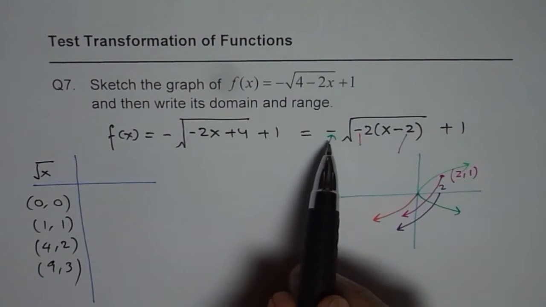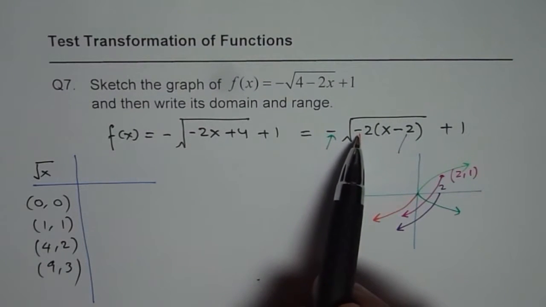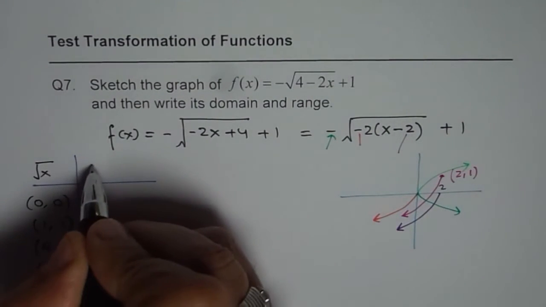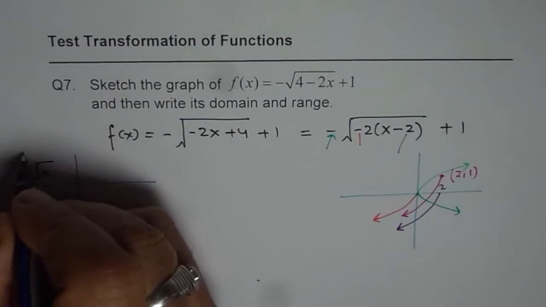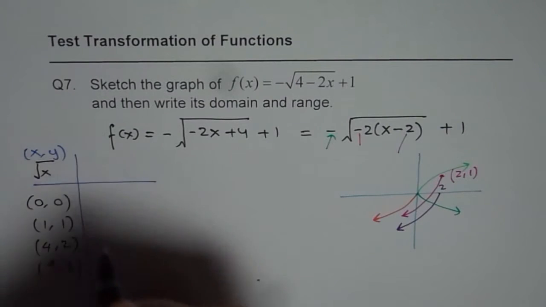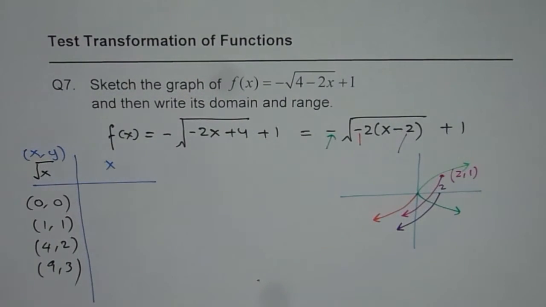Now the transformation which we need to apply on our function is that the x value becomes negative half. If we have a coordinate point, let us say x and y, then what happens to that x and y point? That is what we have to check.